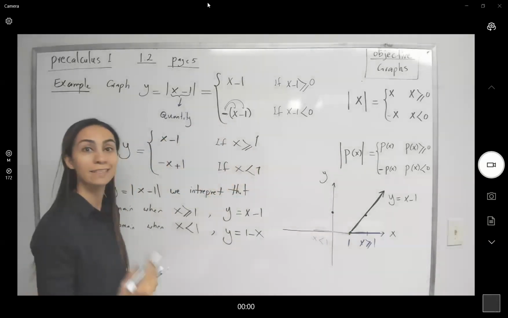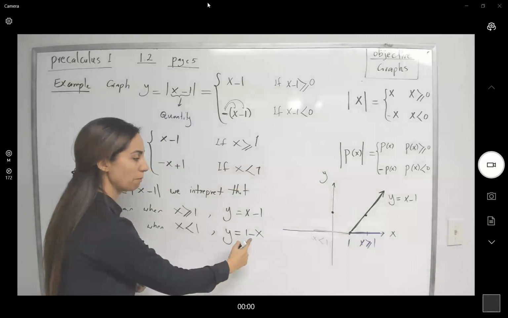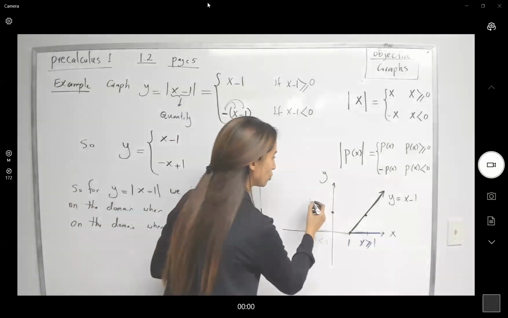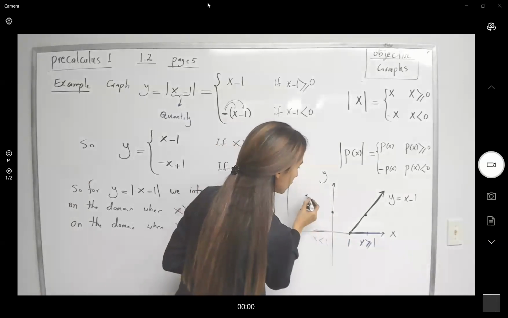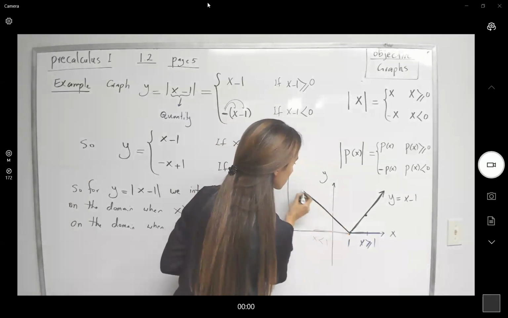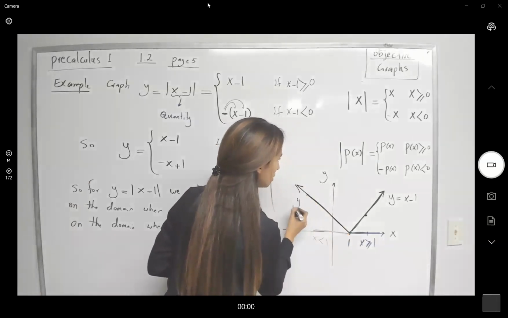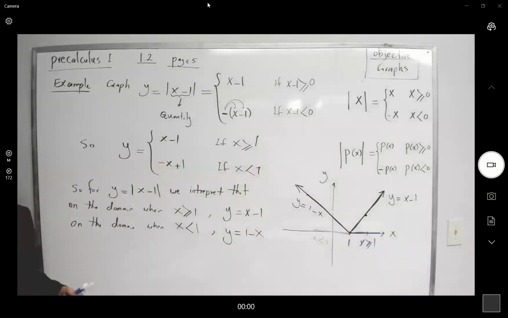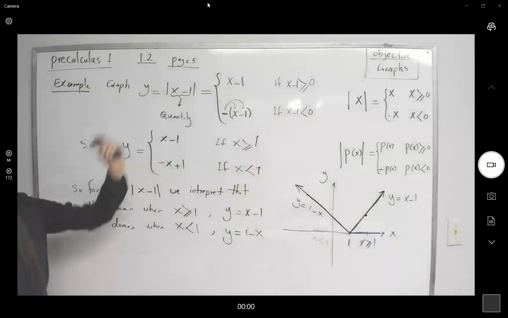If I plug in negative 1, I get 1 minus minus 1, or 1 plus 1, or 2. If I connect these points together, what I get is y equals 1 minus x. So this is the graph of this function.